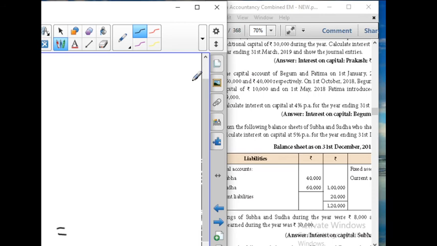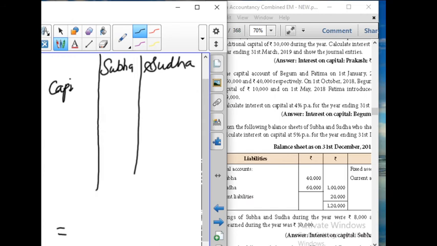First, Shubha and Sudha. What is the capital amount? Capital is equal to 40,000. Sudha is 60,000. Next, drawings.